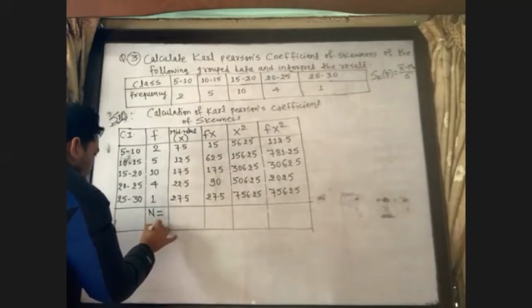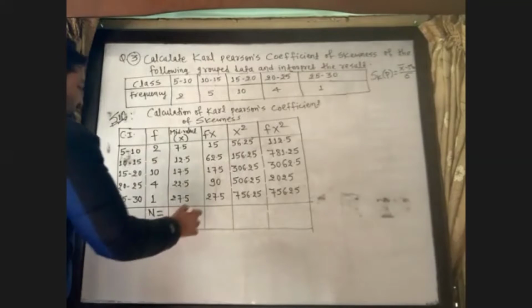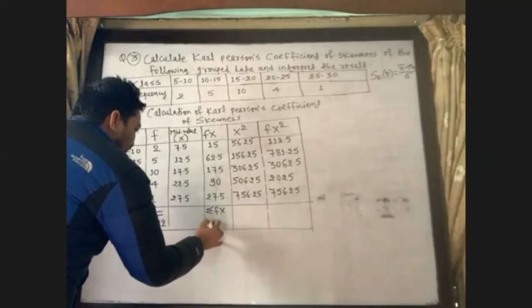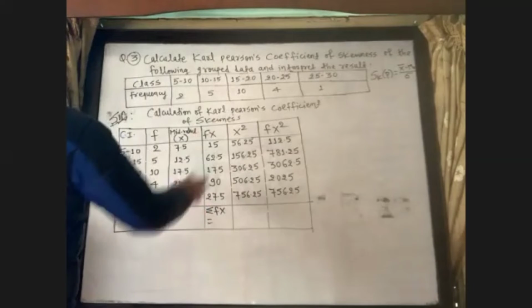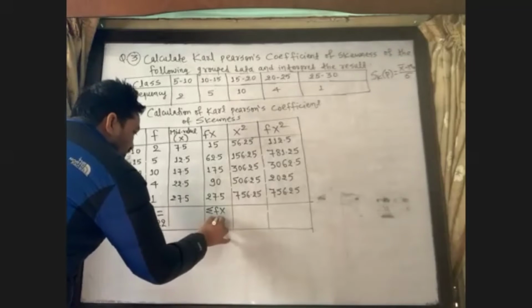Okay, n equals to 22 we will get. अब हामीलाई यसको sum चाहियो. Summation fx equals to. Okay, let's find the sum. यो सबैको sum find out गरौँ. 15 plus 62.5 plus 175 plus 90 plus 27.5. Okay, we'll get 370.